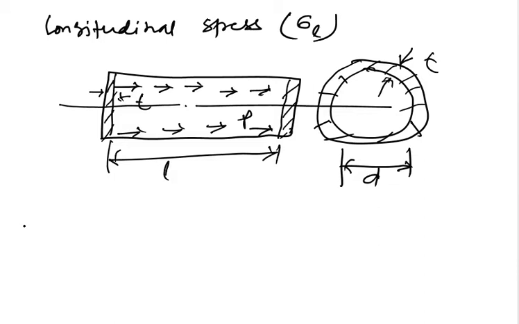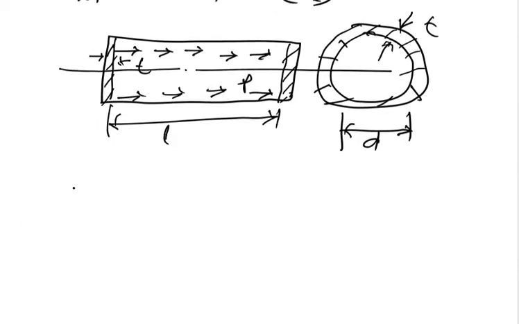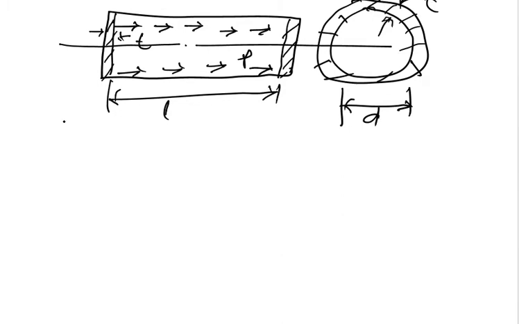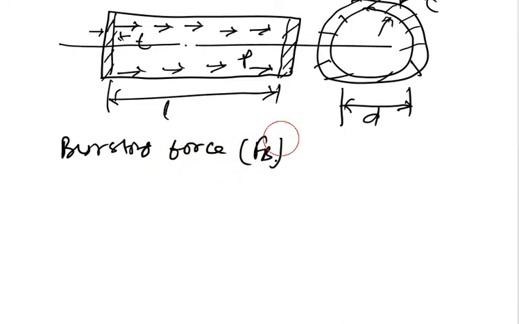Now in this case also there will be two forces. One force, that is the bursting force, FB is equal to P into area. Now in this case what will be the area?